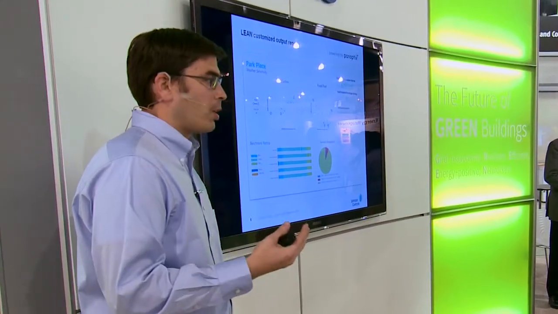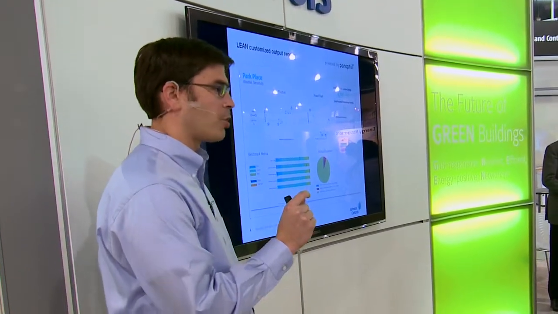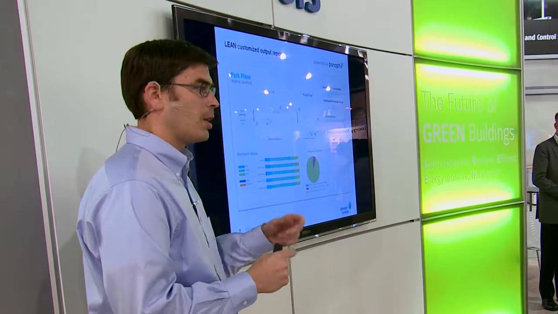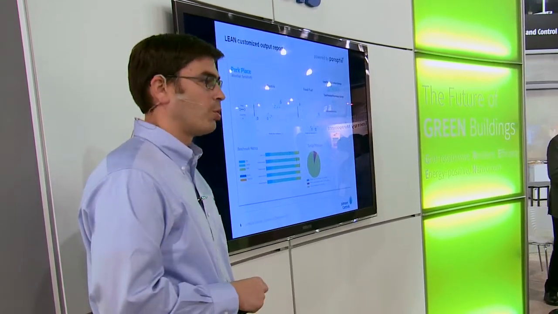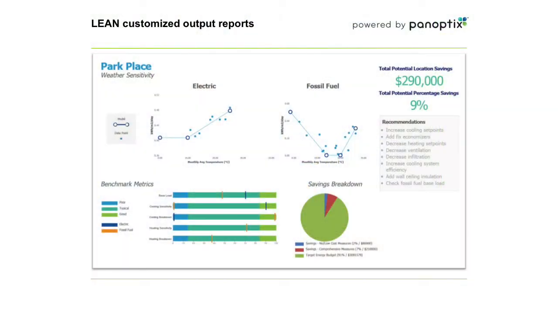That sloping line indicates how much more energy is being used in that facility as the temperature gets warmer. So you can understand that as that line becomes more vertical, it suggests that with a smaller temperature change, there's a lot more energy use, and thus a less efficient cooling system. So it's those kinds of coefficients, like the slope of that line, where the changeover exists, that we benchmark against a similar building set. And then finally, in the bottom right is a breakdown of the energy savings.